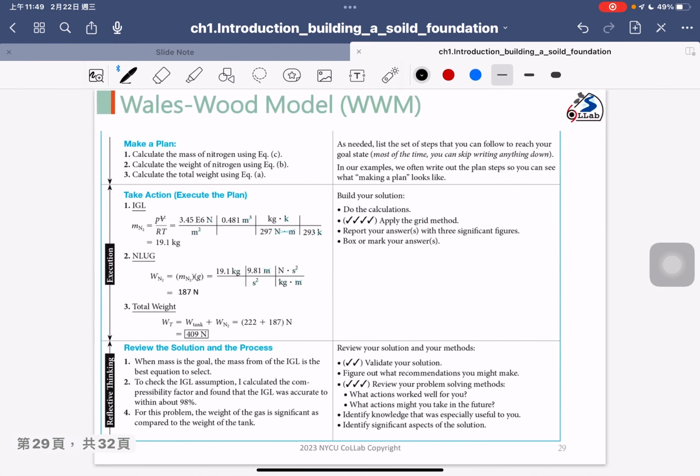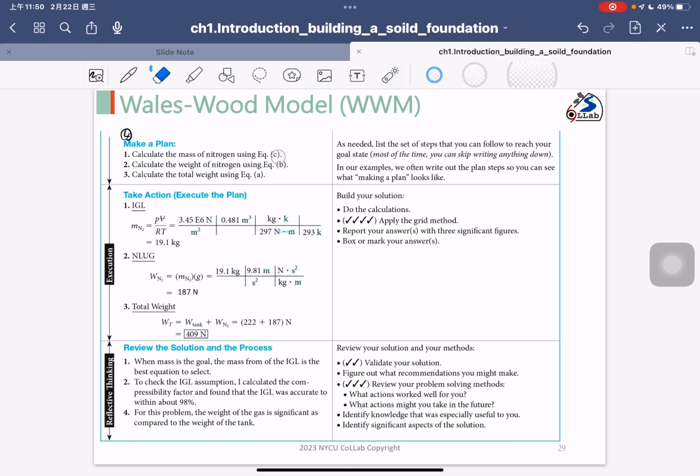Okay, because you already set up all the equations you need and the plan, there are some steps. We make the plan, so we use the equation here. If we remember, equation C is PV = nRT, right?